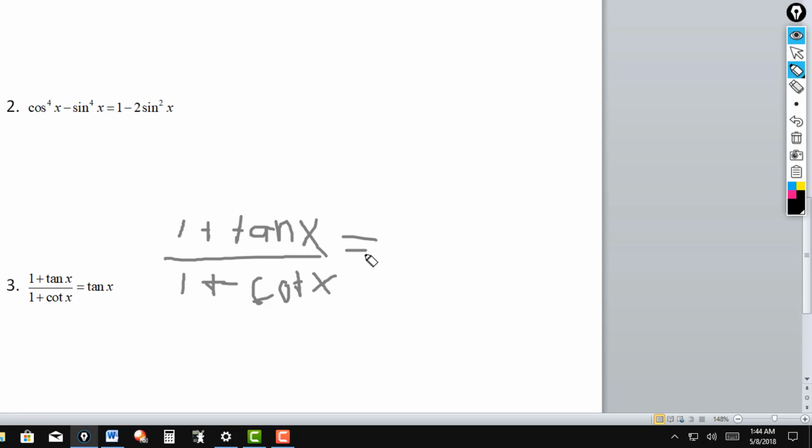So you use a little bit of common sense here. We want to come up with tangent of x, because that's what we have on the right side. The left side has 1 plus tangent x on top and 1 plus cotangent x on the bottom. So since we want to come up with tangent, let's try to get everything in terms of tangent and then try to simplify.